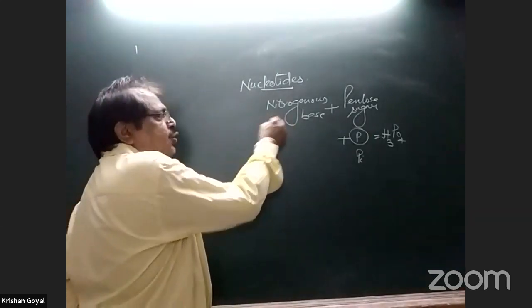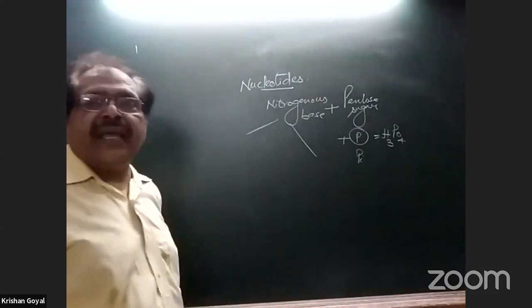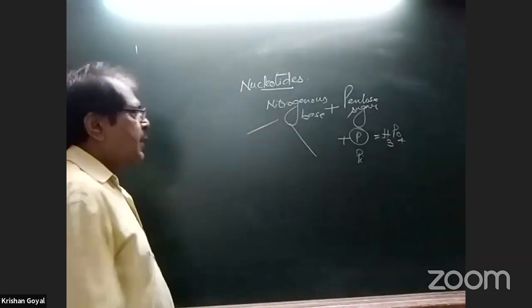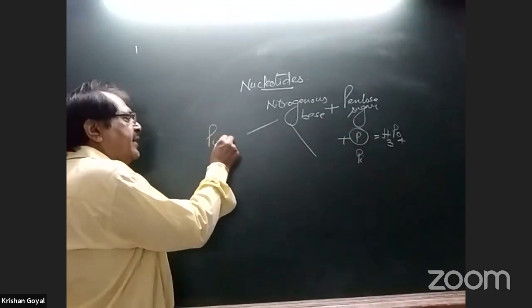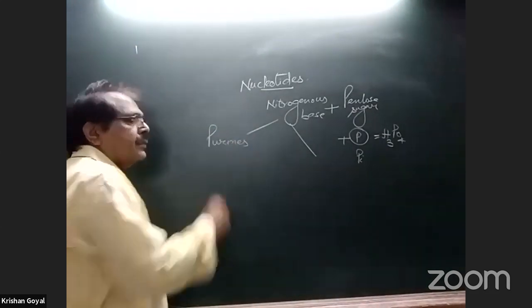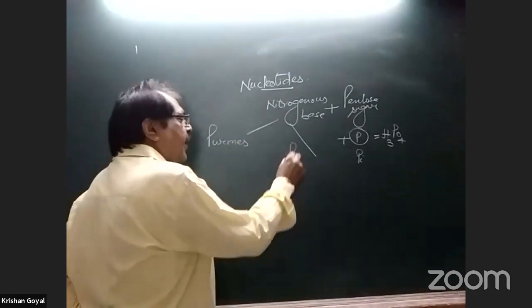Now these nitrogenous bases are of two types. Number one, they are called the purines. And second, they are called the pyrimidines.